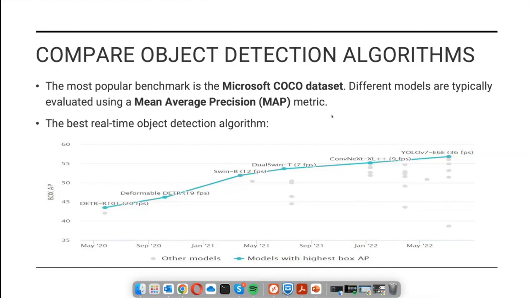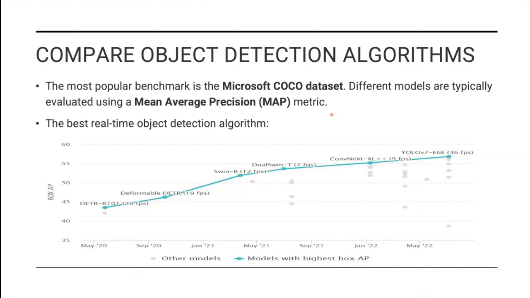So we have the mean average precision as the metric to compare object detection algorithms, and here is an example, where we have the box average precision and the dates of the comparison. In the gray we have the other models, because, as I said, I just named some important and well-known models, but there are several.